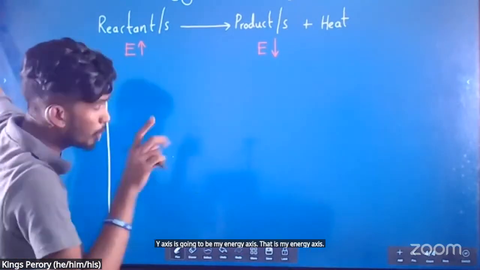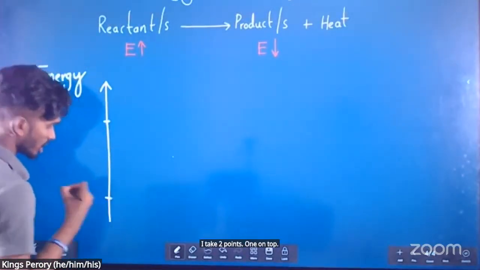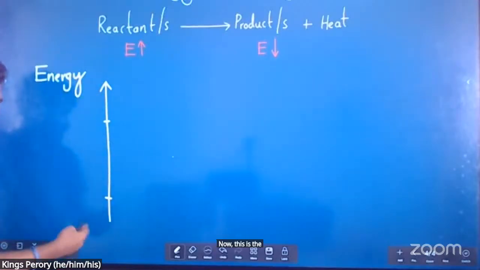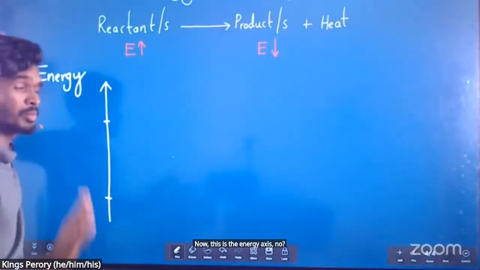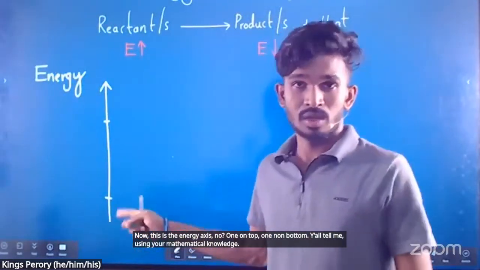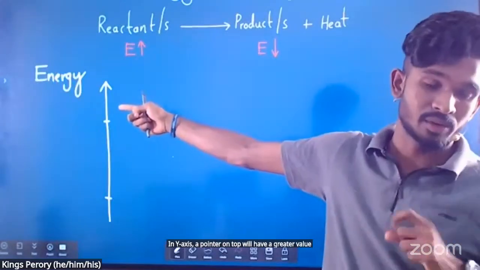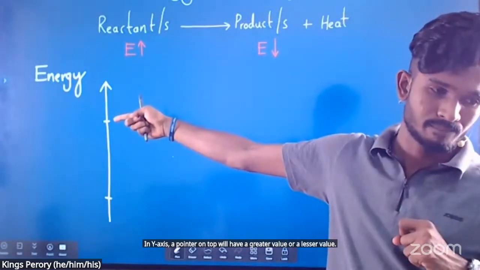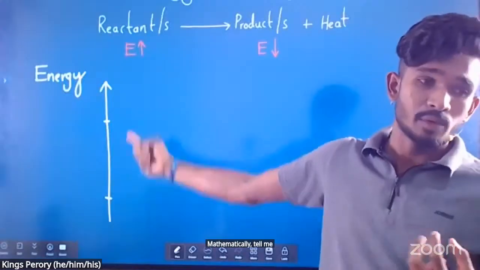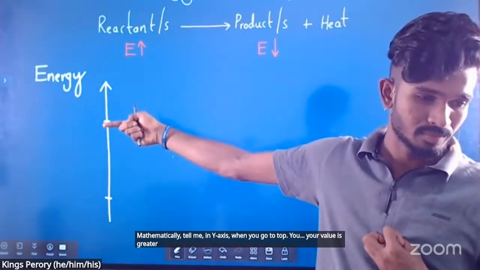I take 2 points, one on top, one on bottom. You all tell me using your mathematical knowledge: in the y-axis, when you go to the top, is your value greater or lesser?